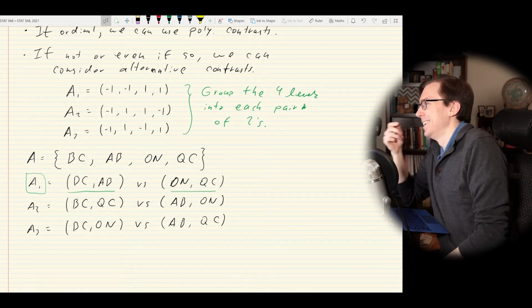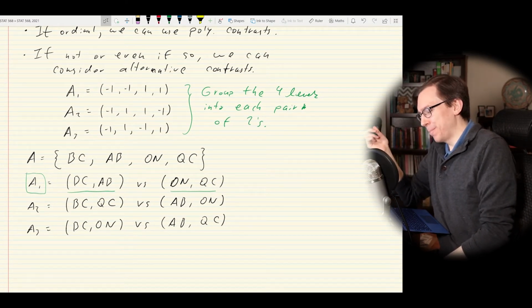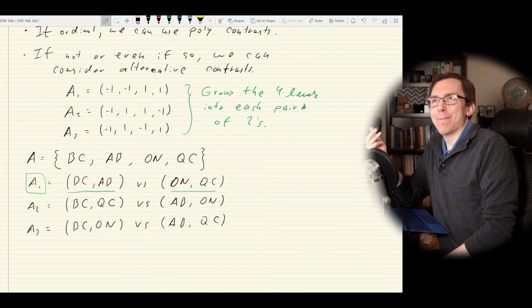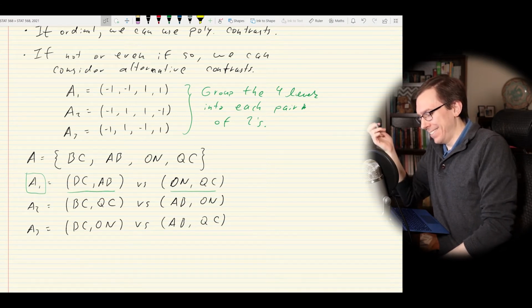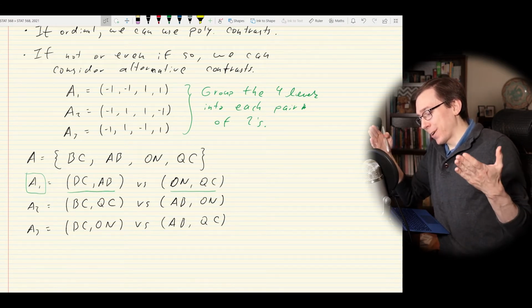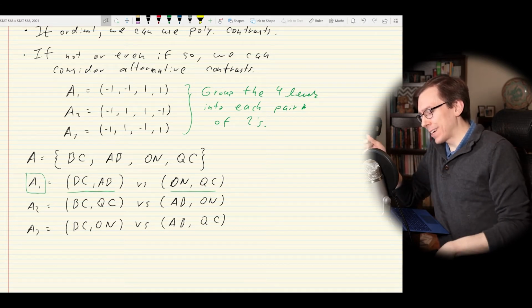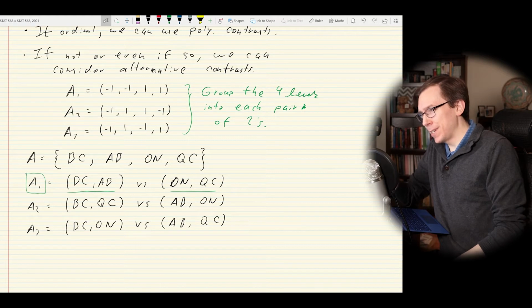If you had another 4-level factor that we could make up, you could then try to cross the contrasts. Because if you have one 4-level factor, you have 3 degrees of freedom.